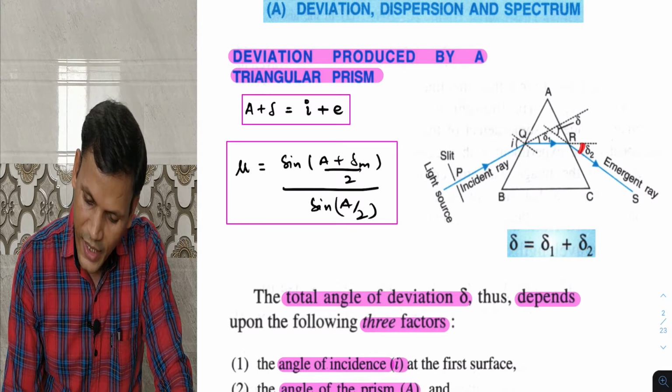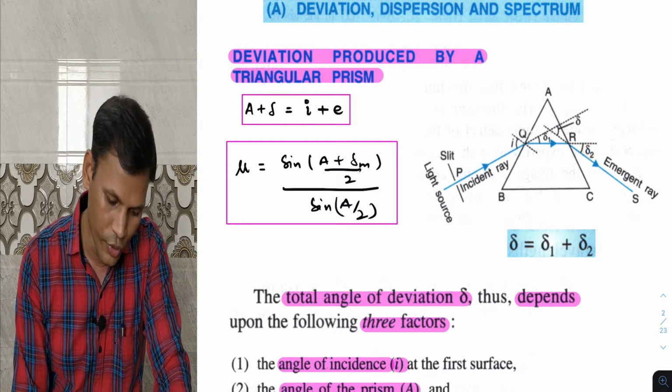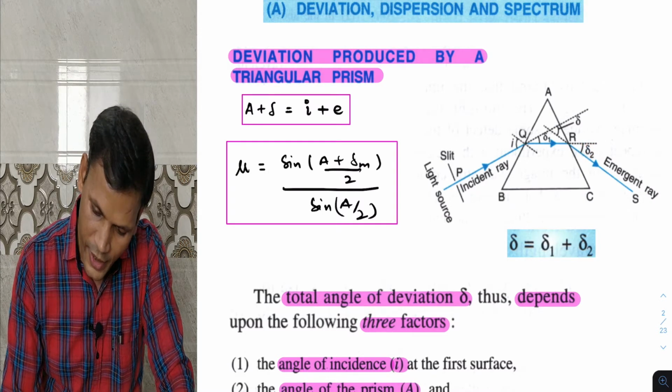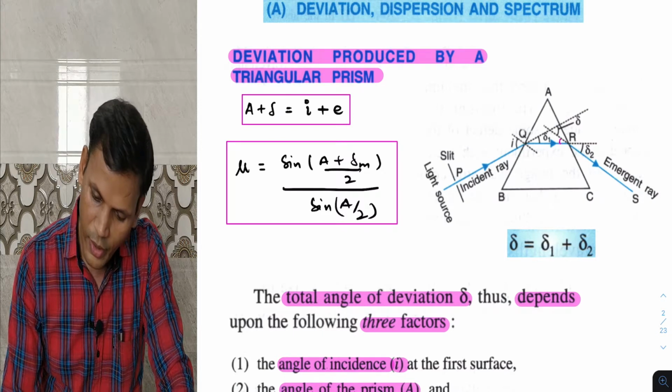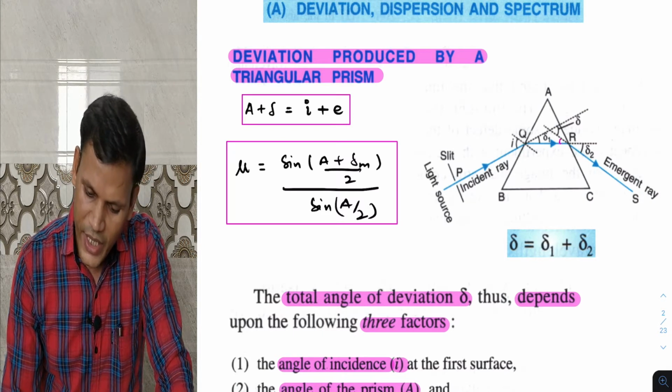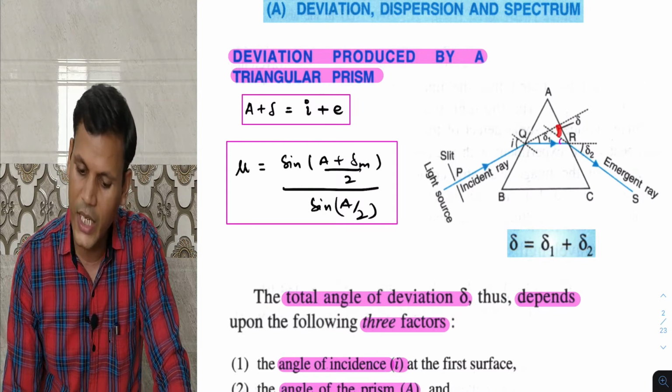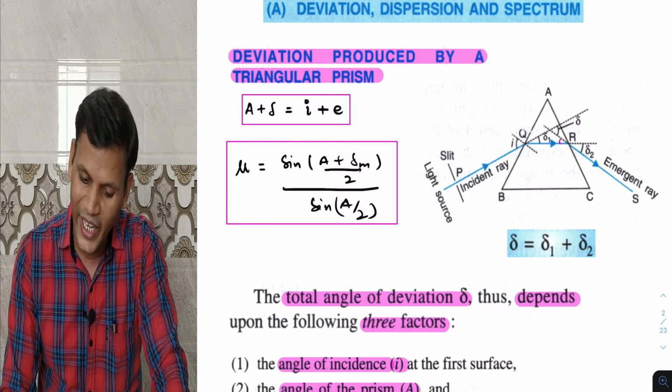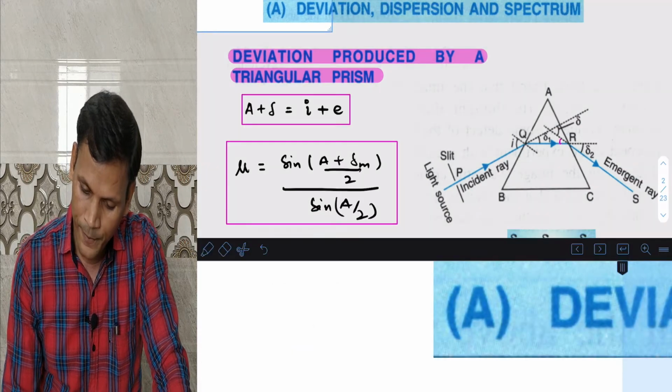So what is our observation? If this angle is delta 2, this angle will also be delta 2. And we can say this delta is the exterior angle for this triangle.